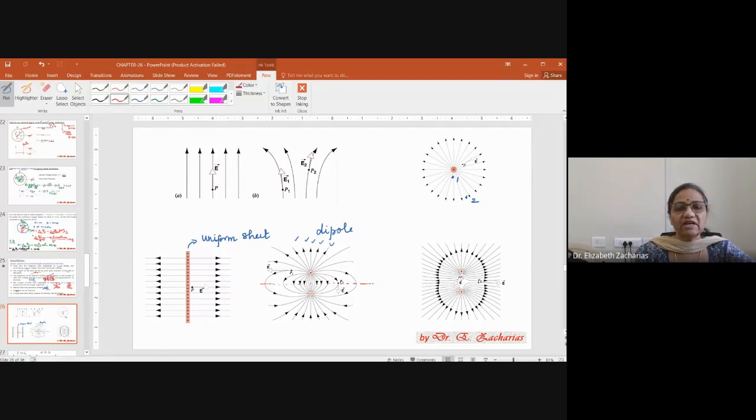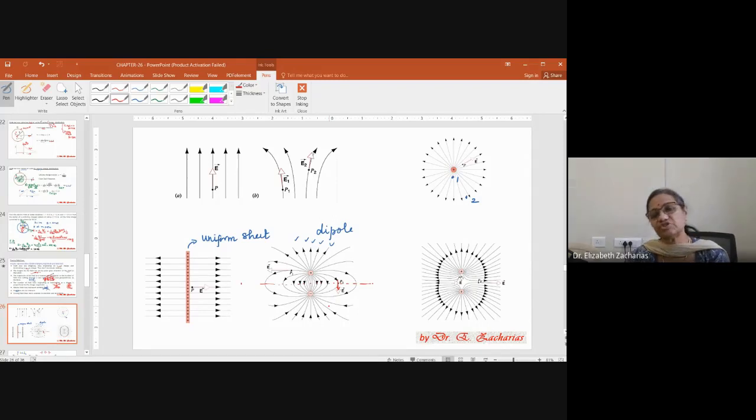I find that here the field lines are far away from each other. Here it will be much farther. So the field lines are far away here, so the field value is small. If I want to know the field at the point P2 and its direction, all I have to do is draw a tangent. That gives me the direction. So this is the pictorial representation of how the electric field varies around a dipole.